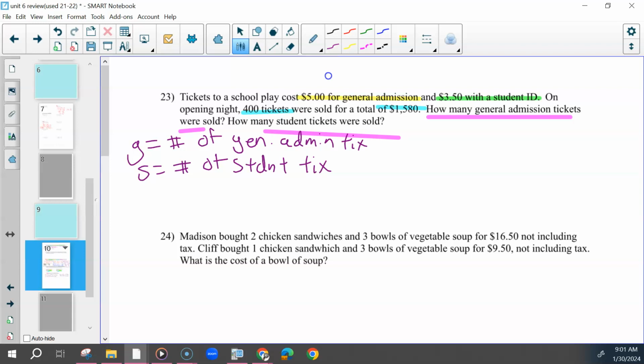When you're only given 4 numbers, 3 of them go together. The other one's going to be used in another one. So we have $5 and $3.50 and $1,580. Those 3, since they're all money related, are going to go together. 5G plus 3.50S equals 1580.